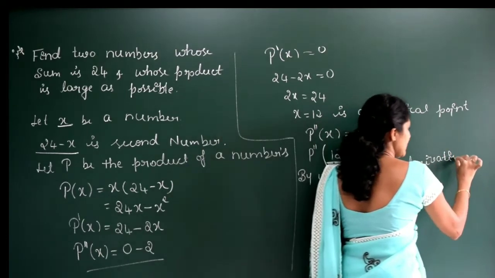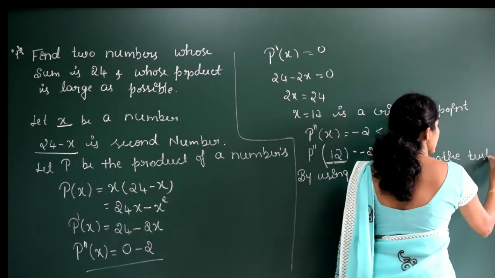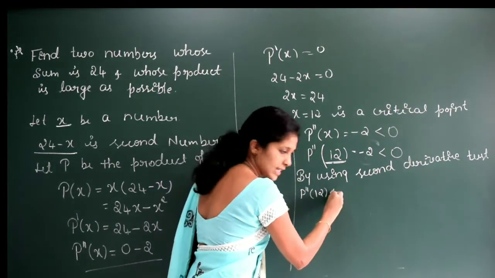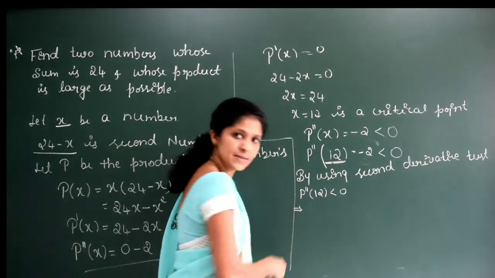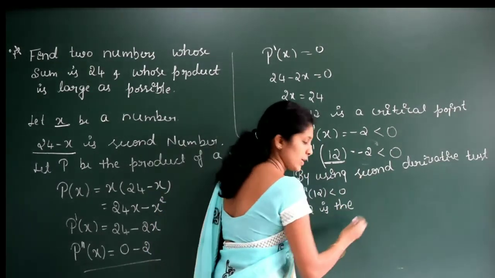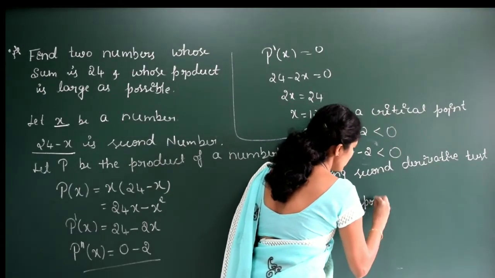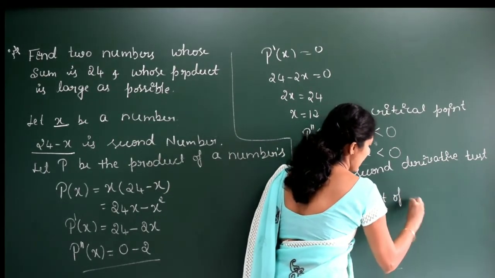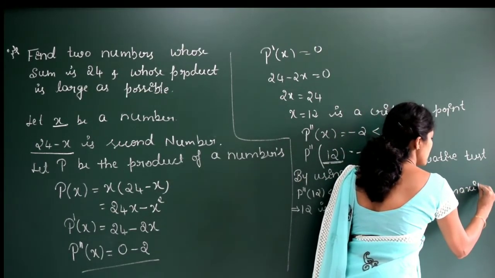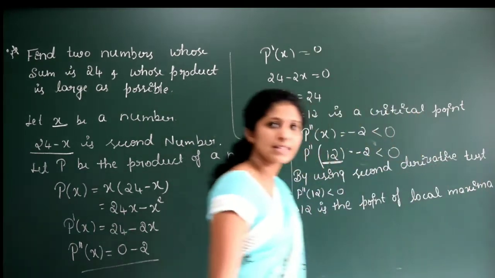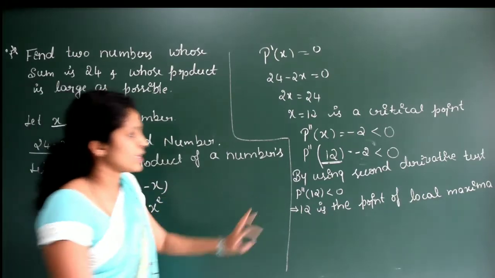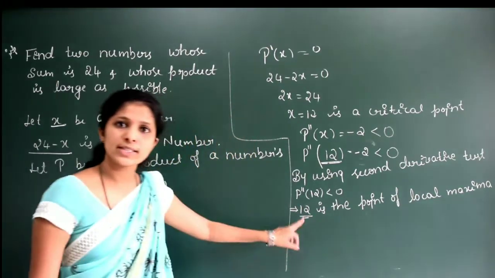By using the second derivative test, p double dash of 12 is less than 0. That implies 12 is the point of local maxima. Here the maximum value is not asked. If you want to find the value, then you can substitute, or else 12 is called the point of local maximum.